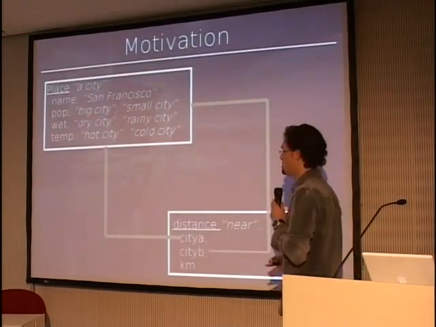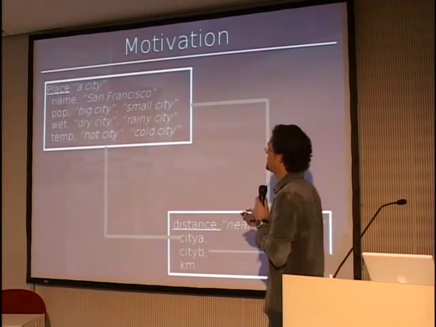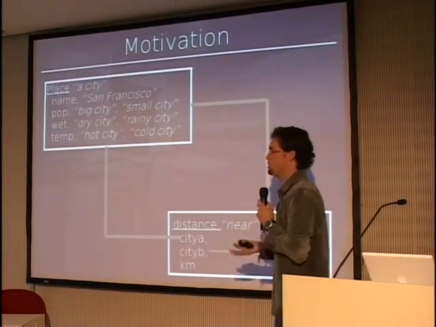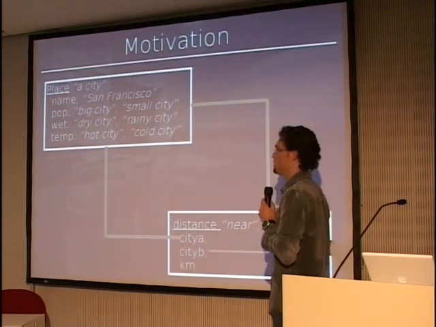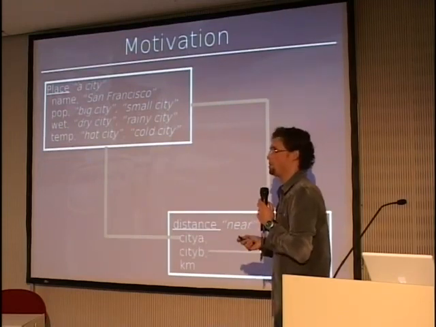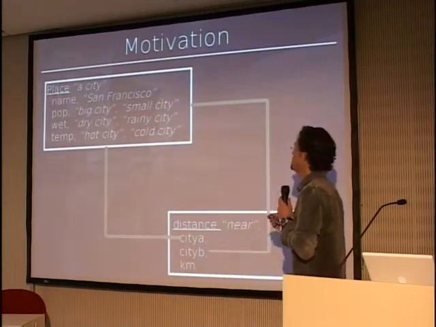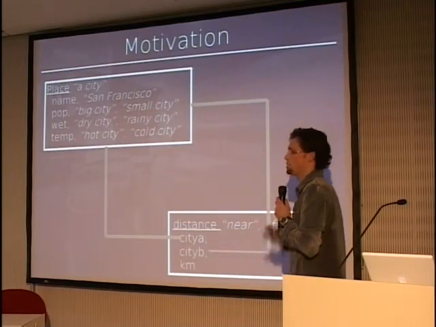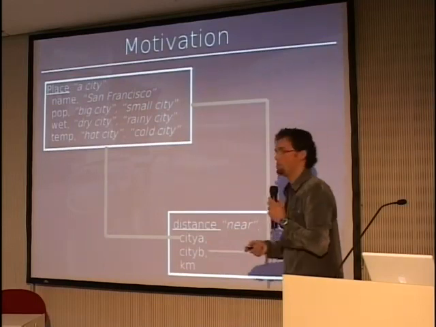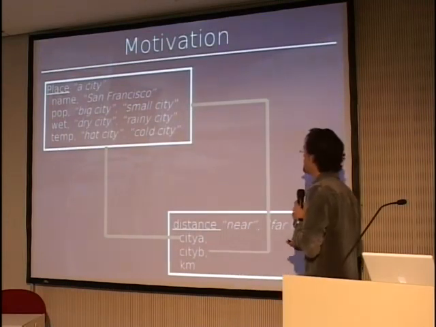This is possible by saying that there is a natural correspondence between the way we define a data model, the sort of objects we have in a data model, like tables, and lexical types like nouns. So you use a noun like city to refer to a record in a place table. You use an adjective like small or big to refer to a certain range of values in a certain attribute.